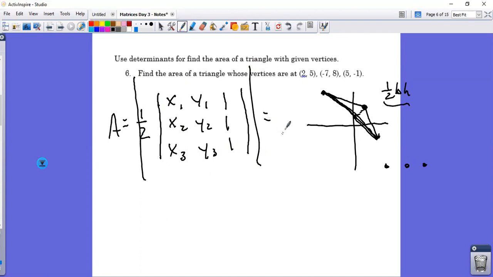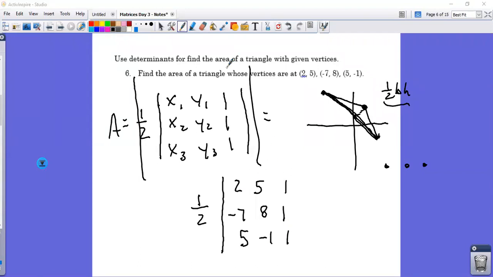So in your calculator, you just put in the matrix, which is a 3 by 3, and you do 2, 5, 1, -7, 8, 1, 5, -1, 1. And that's it.